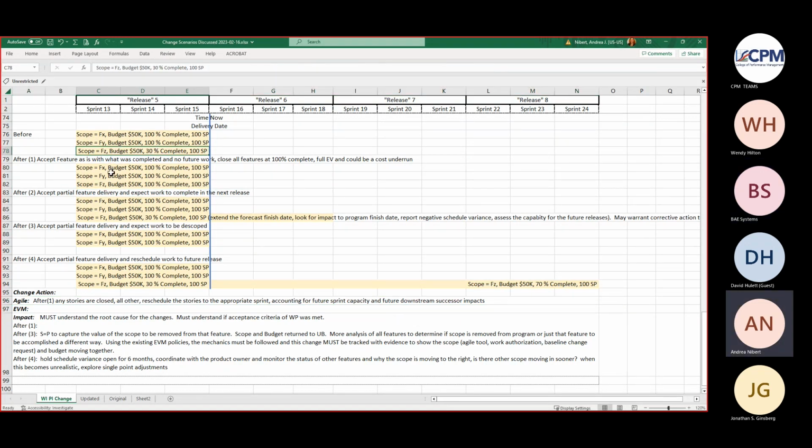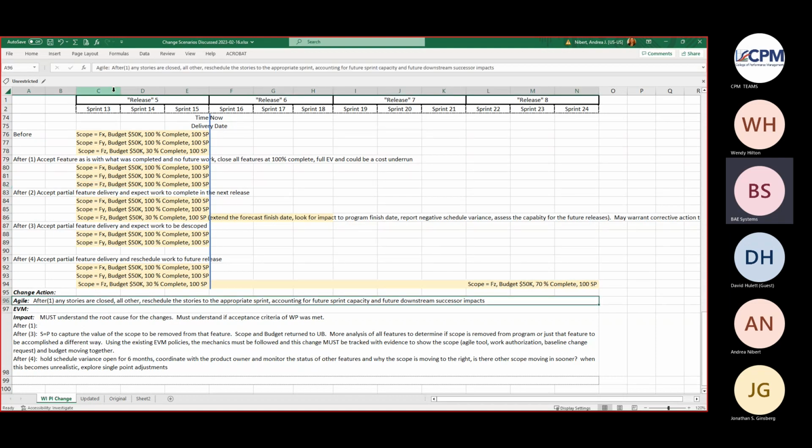So for me, this first one, you get full credit, so there's no story points to remove. But I would have thought that, let's say I have 10 stories out there, and for simple math, I got 3 of those done. Now I'm saying ultimately I'm done with that feature. It was good enough. I don't need to do those other stories.